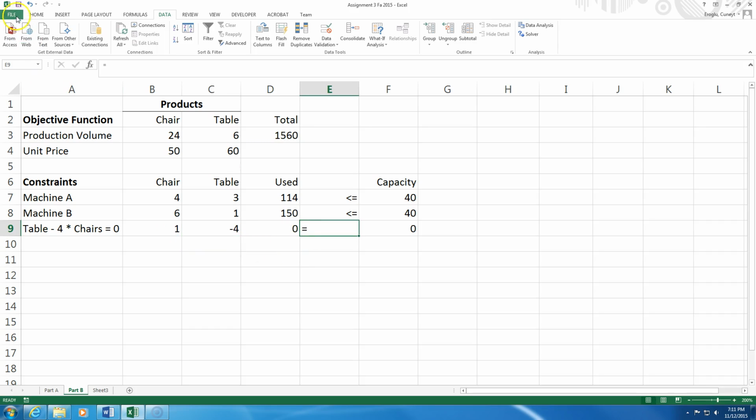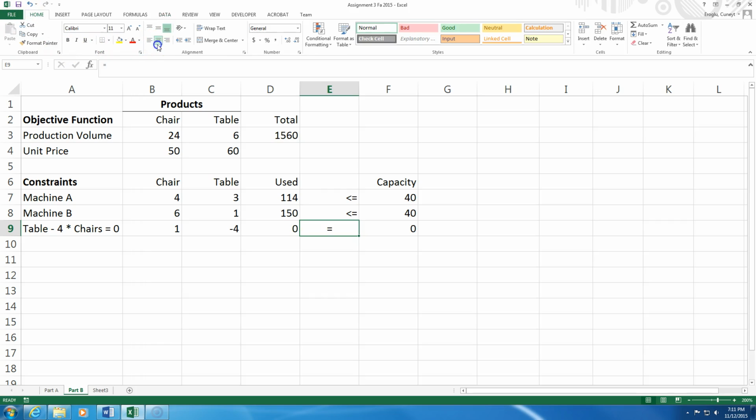So now I know that when I have 6 tables and 24 chairs, there's a 1:4 ratio, 4 chairs for each table. And I want to add this constraint and see how the solution changes when we add an additional constraint.